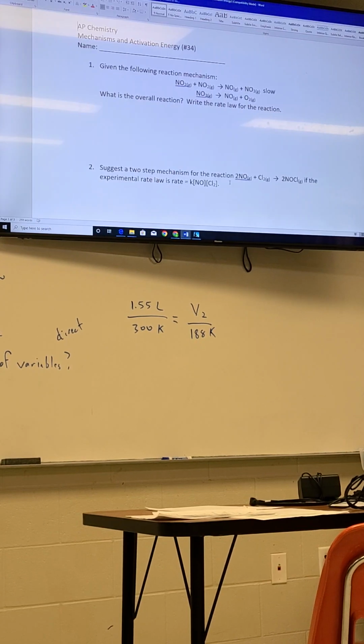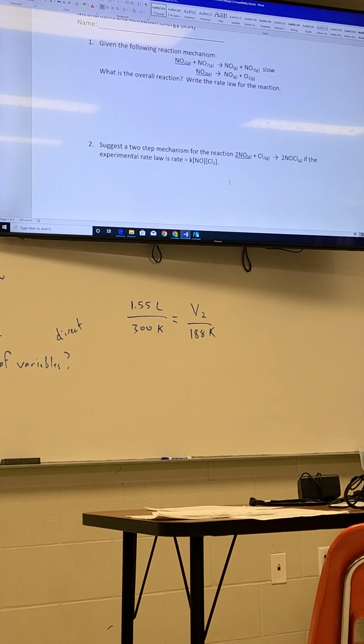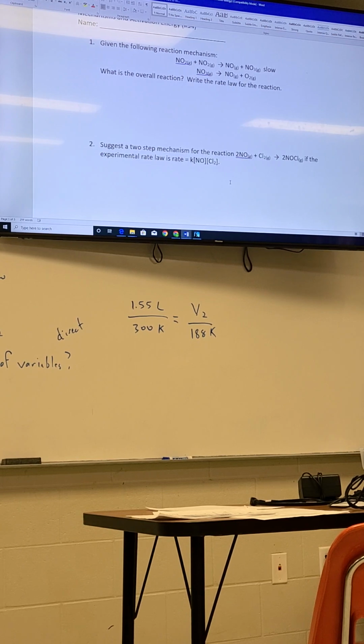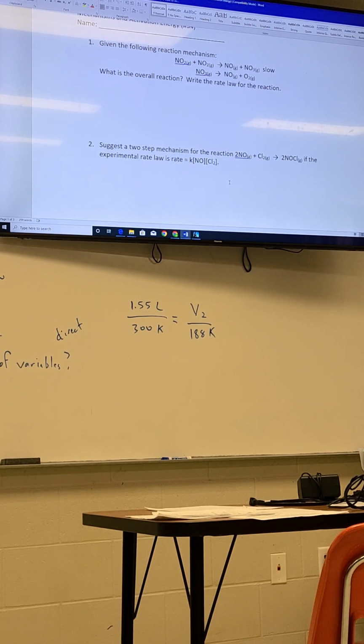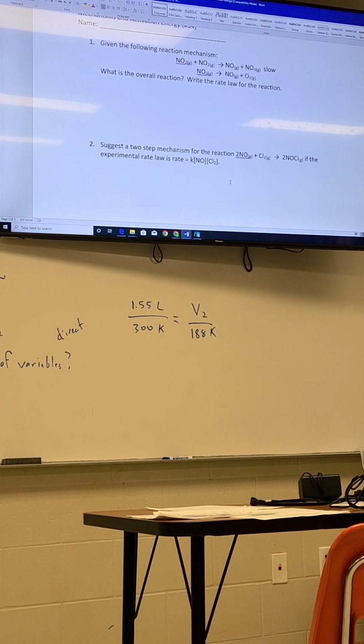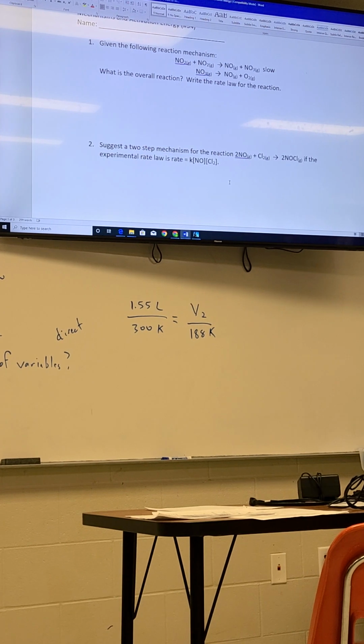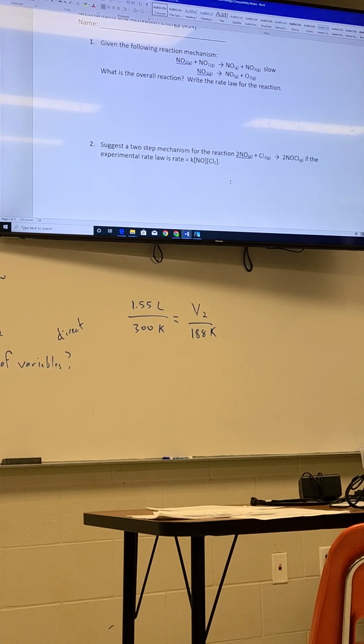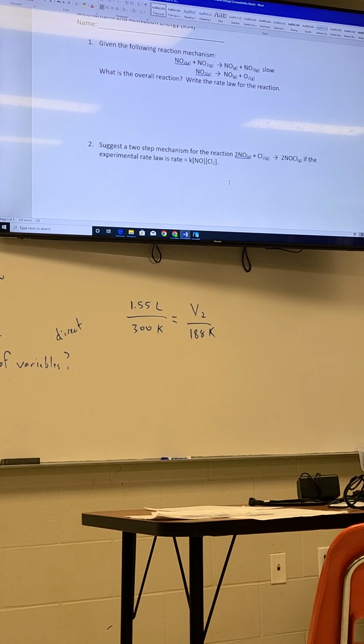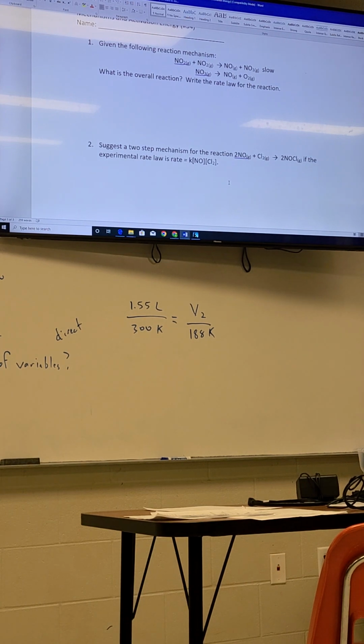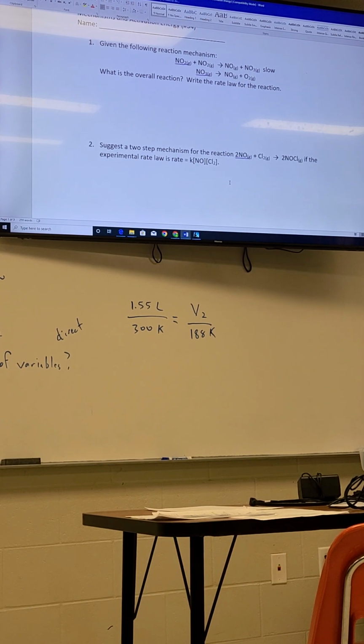All right, so let's go to the problem step. We're going to add this up like it's algebra. Anything that is on the left and on the right goes away, like NO3. That's a very similar setup to what we just looked at.